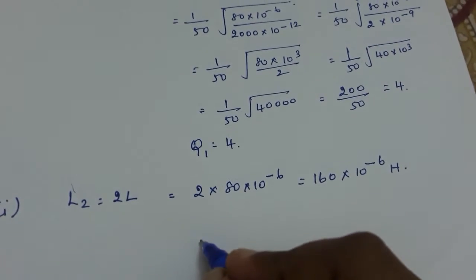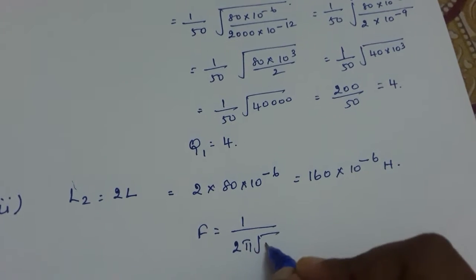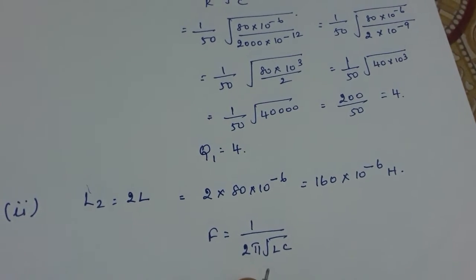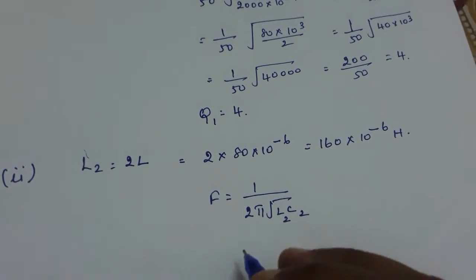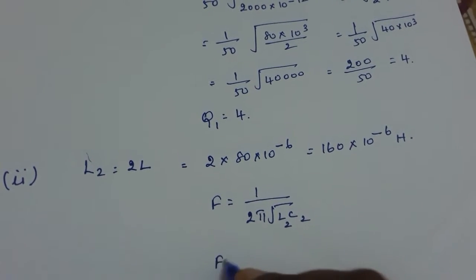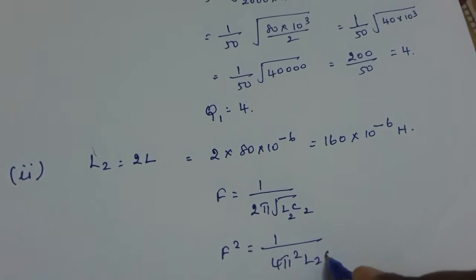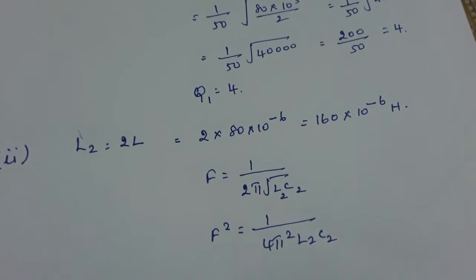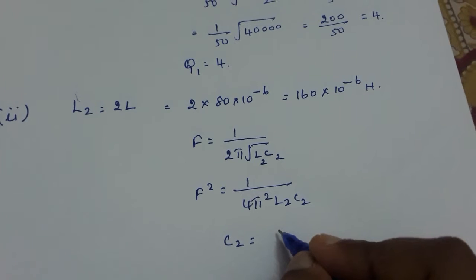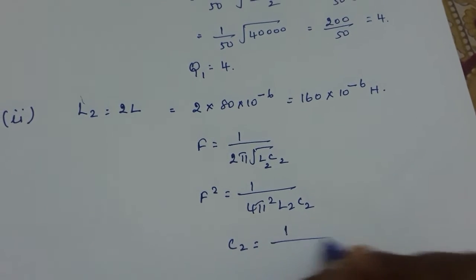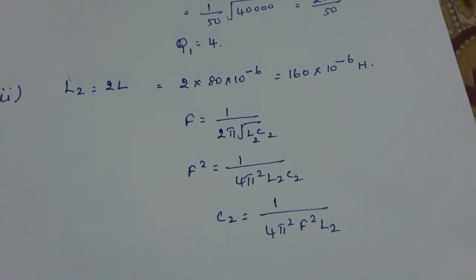To find out the capacitance, we have to use the formula f is equal to 1 by 2 pi root LC. Here your L is L2 and your capacitance is C2. So we can square it. So f square is equal to 1 by 4 pi square L2 C2. So C2 is equal to 1 by 4 pi square f square L2.